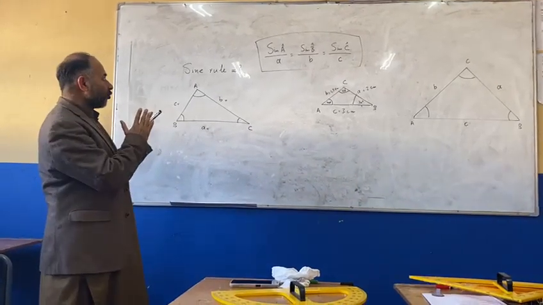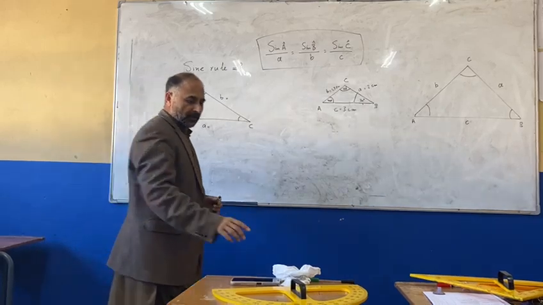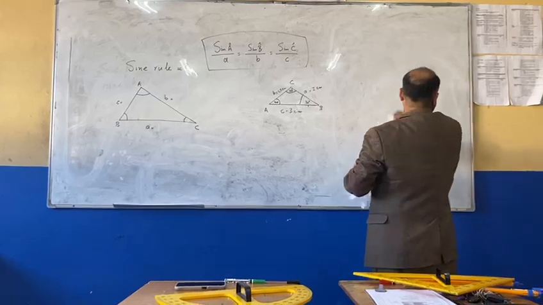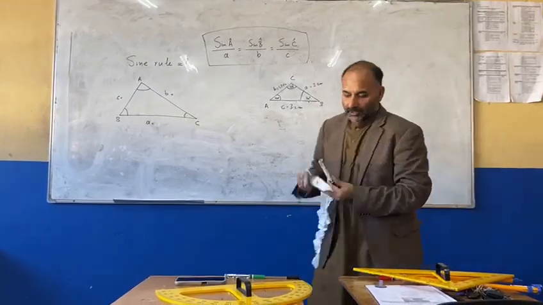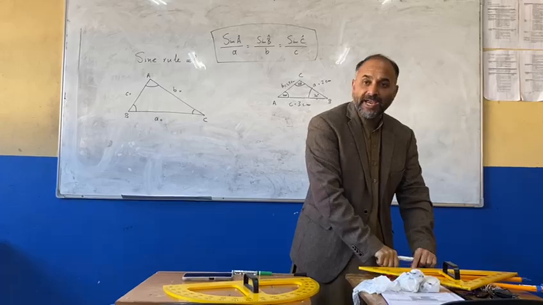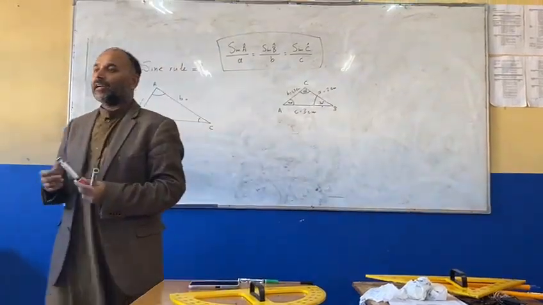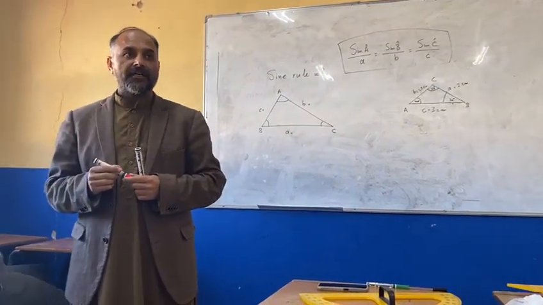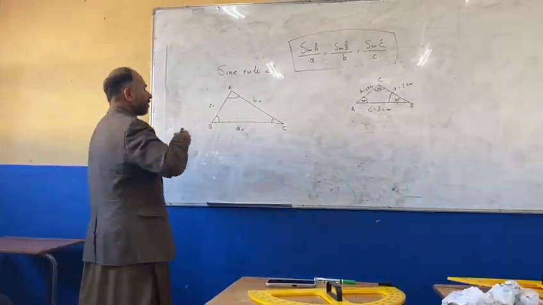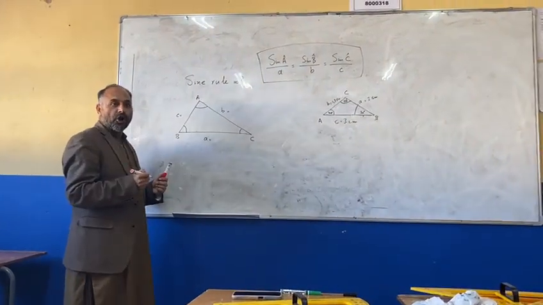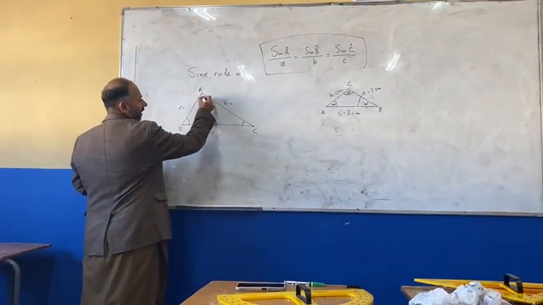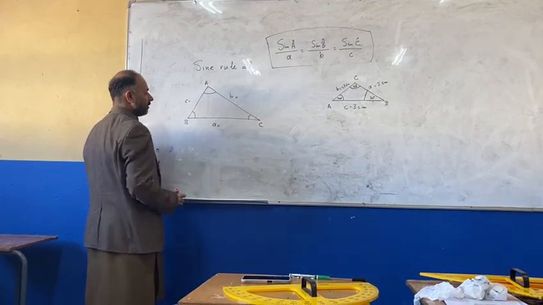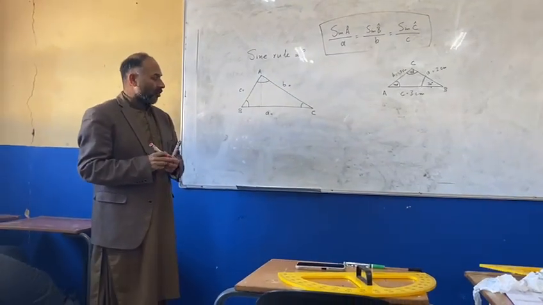How are we going to prove this rule? It's simple. Again, we have to go back to right angle triangle. Always right angle triangle helps us. How is it going to help us? Let me drop a perpendicular line from angle A. Here. What do you see now?